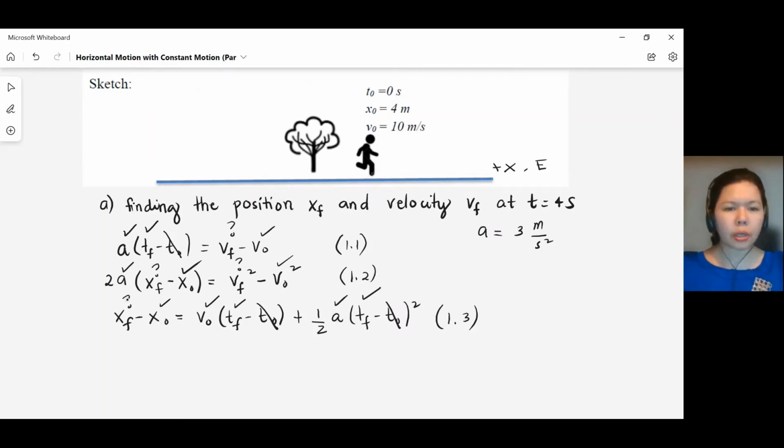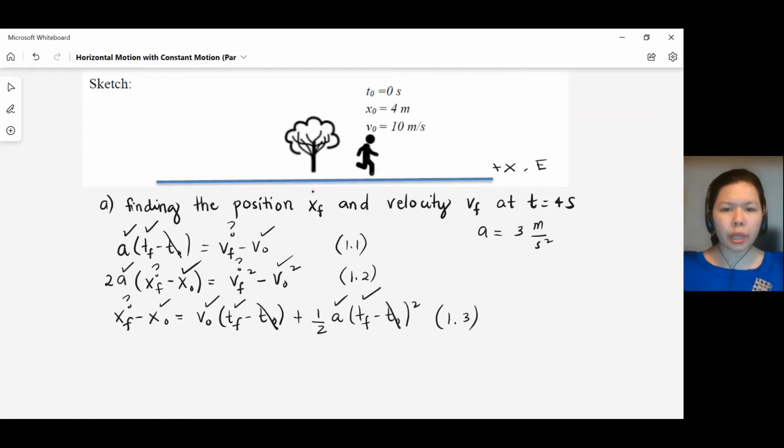Looking here, checking our equations, we can see that for 1.1, we have the VF, which is the unknown, and we are looking for this. The rest of the variables in 1.1 are given, so we can use 1.1 to solve for VF.